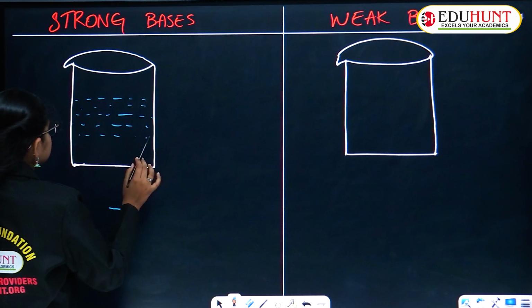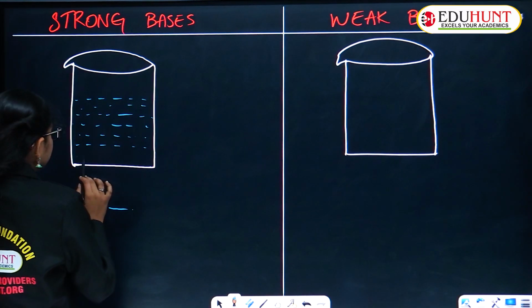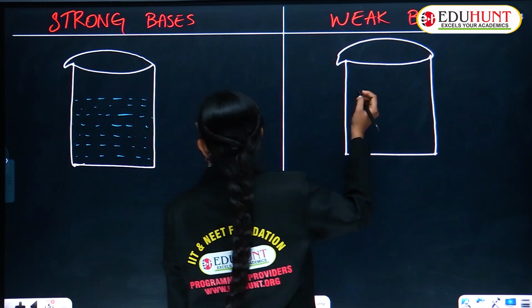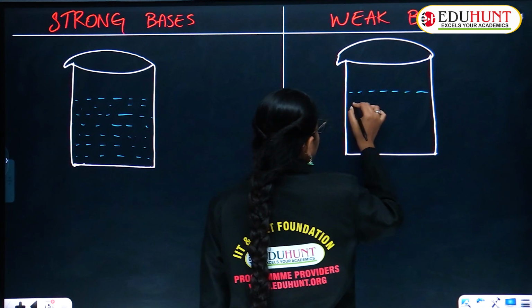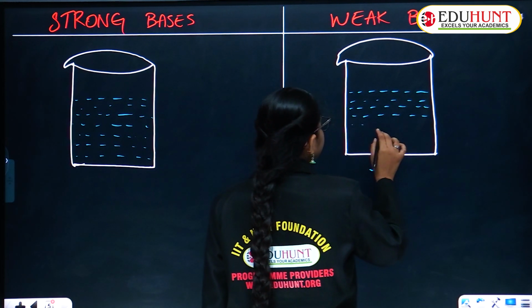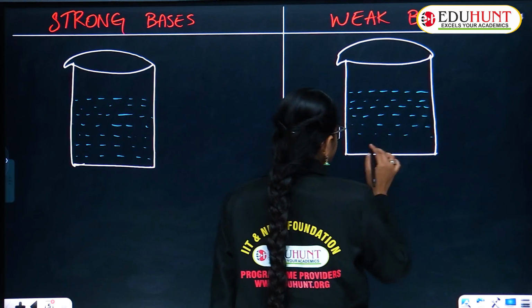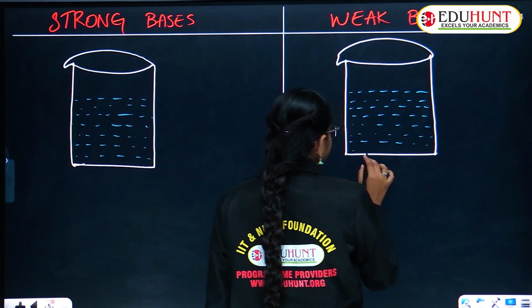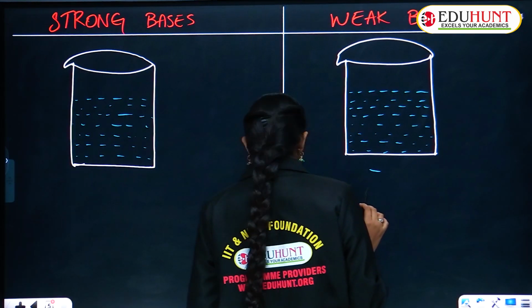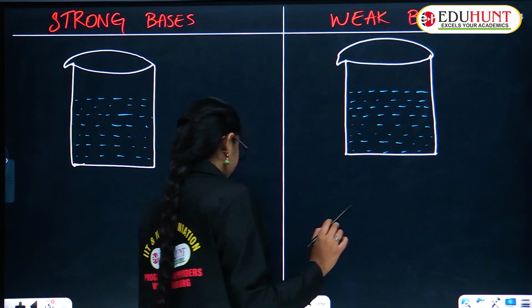The blue color one is the aqueous solution. It may be water or any other. Clear? So we are taking a beaker and to that we are adding the particular bases.